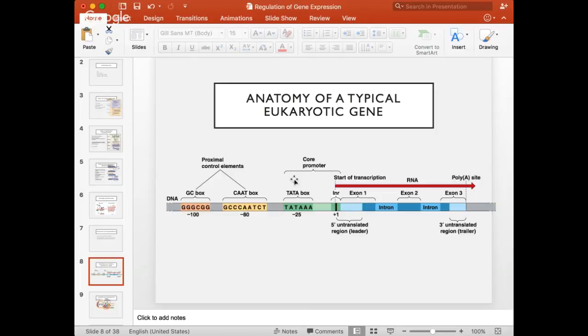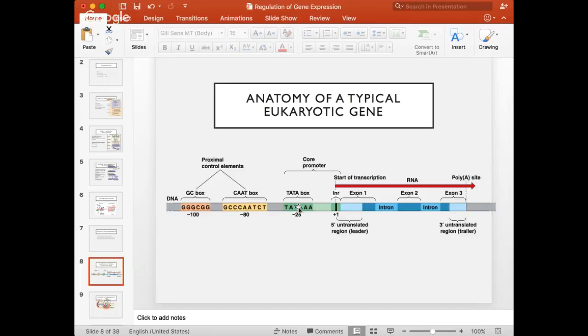As we will learn in future, but just to understand this part, the intron is the non-coding part of a gene that is spliced out. But the exon is the coding section of a gene. So that's what we have on this side.